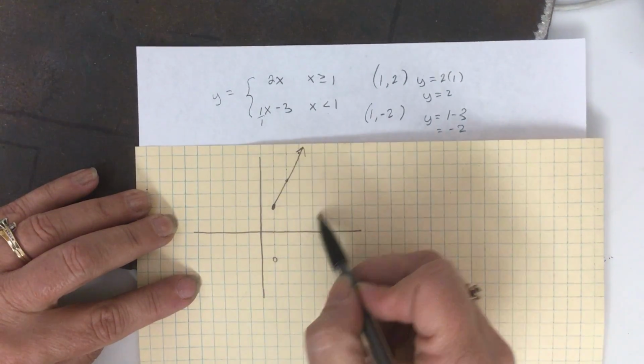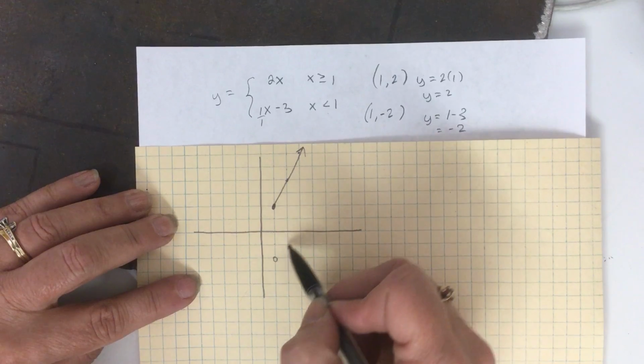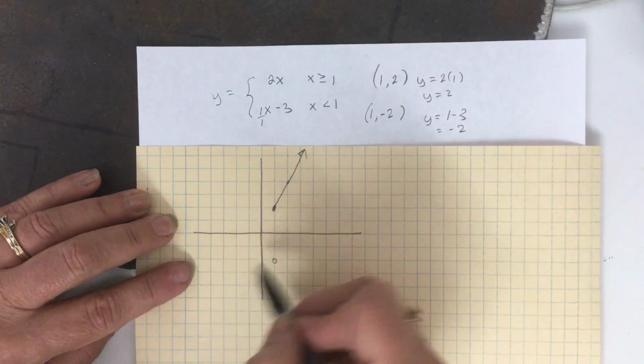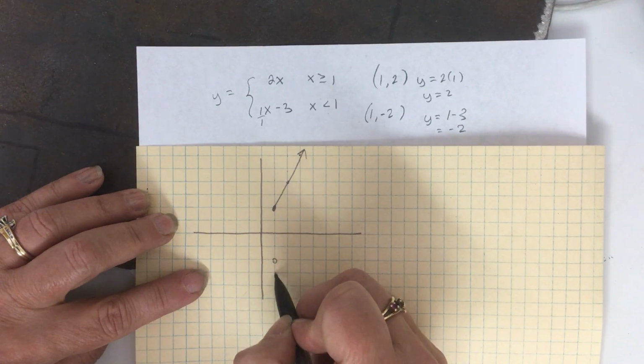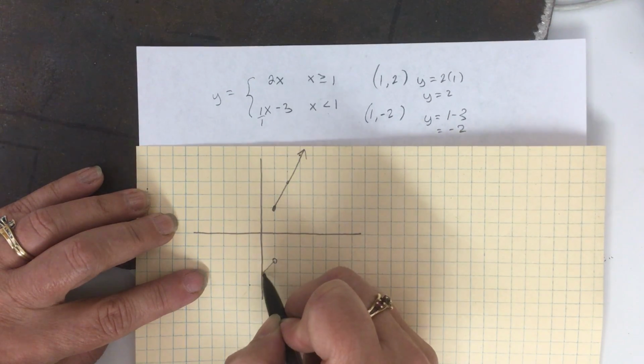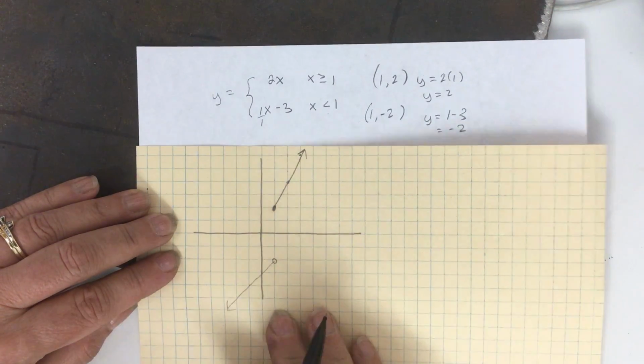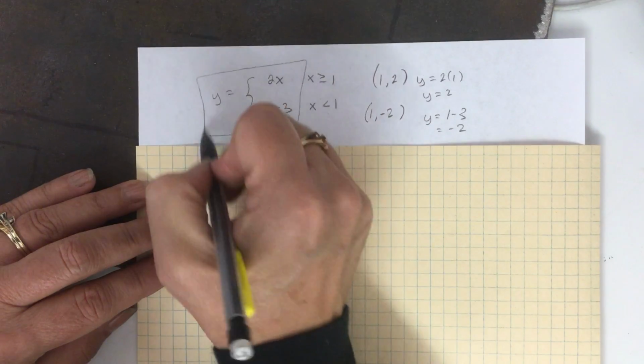So that would be a positive slope like this. But I'm not going to graph over here because I already have a graph over it. This is less than 1, so this is to graph the left side of it. So it's going to go down 1 over 1 on each side. So this whole thing together is the graph of this equation.